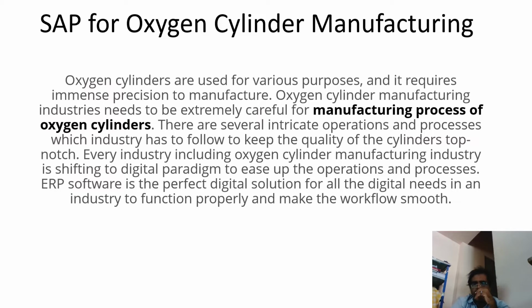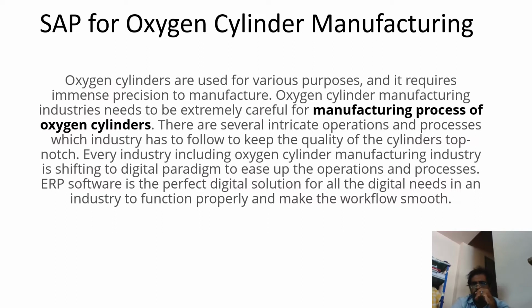So we need to have a proper manufacturing plan and execution. SAP will help us in streamlining the manufacturing process. Oxygen cylinders are used for various purposes, and manufacturing requires immense precision. Oxygen cylinder manufacturing industries need to be extremely careful.